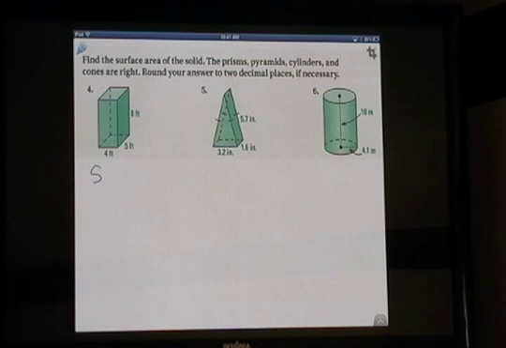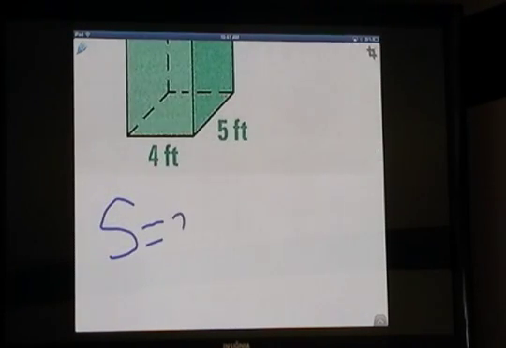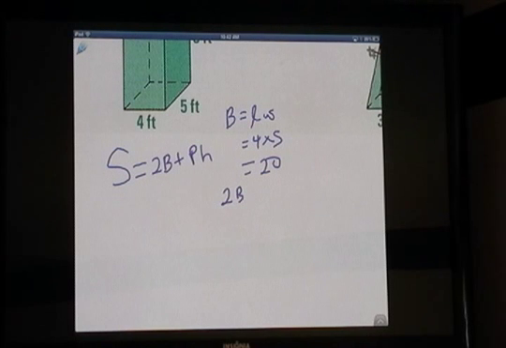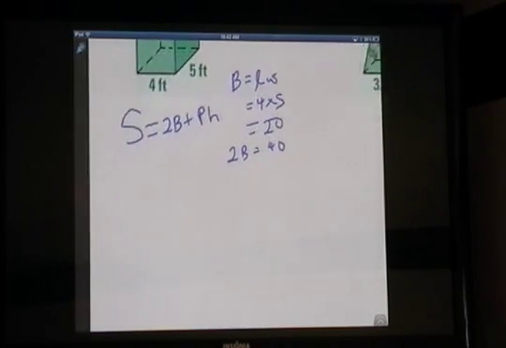So surface area, S, is equal to 2 bases plus the perimeter times the height. Okay, so the base equals, it's a rectangle that's length times width, or 4 times 5, so that's 20. And 2 bases is equal to 40. Now if you label everything, you'll be able to find what you're looking for. It's very helpful that way.